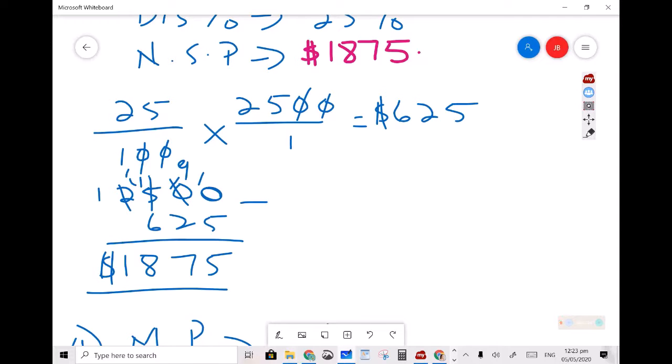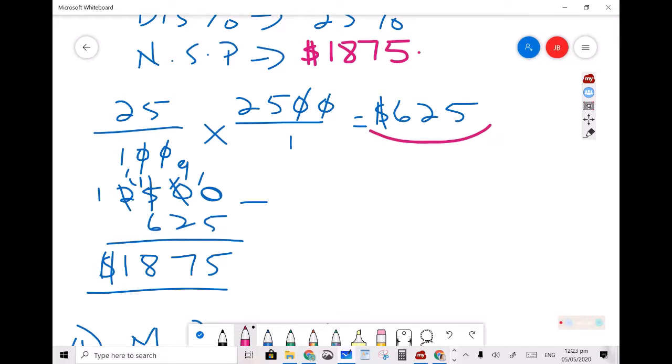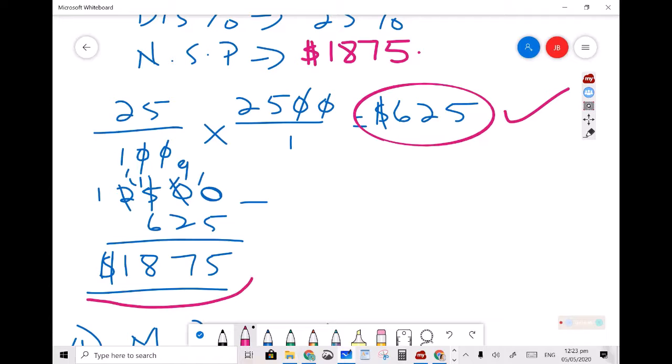Some questions may ask you to calculate discount. If they ask you to just calculate discount, then your 2,500 would be your correct answer. But if they ask you for new selling price, then you have to go a little bit further and subtract your $625 from your 2,500 to get 1,875.